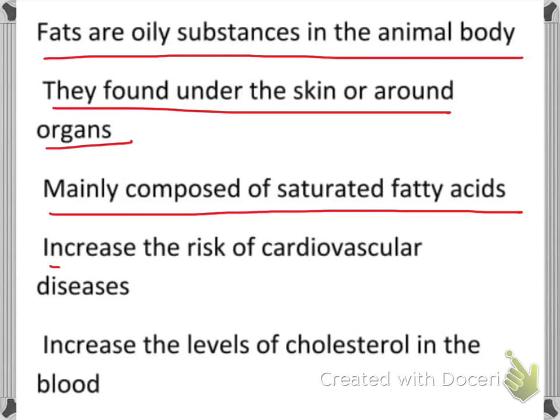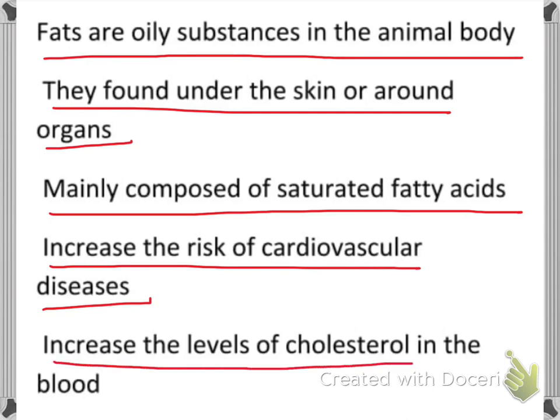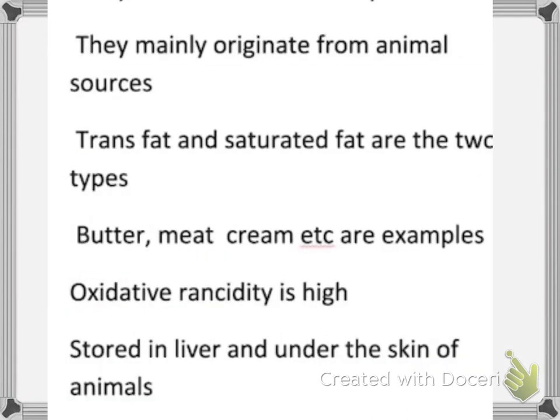Fats increase the risk of cardiovascular diseases and also increase the levels of cholesterol in the blood. They mainly originate from animal sources.